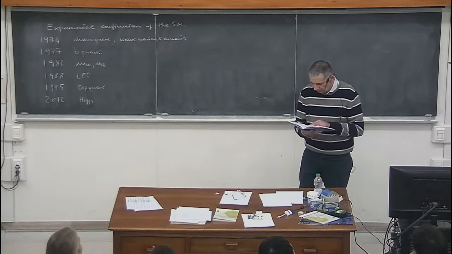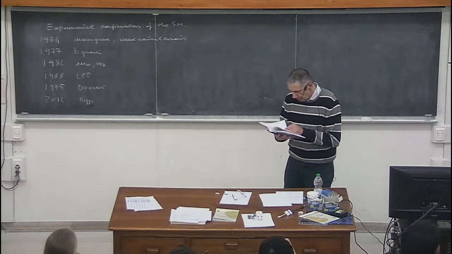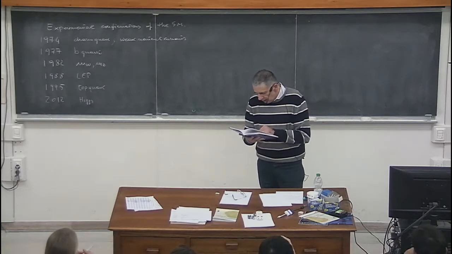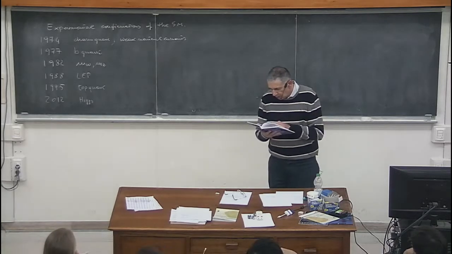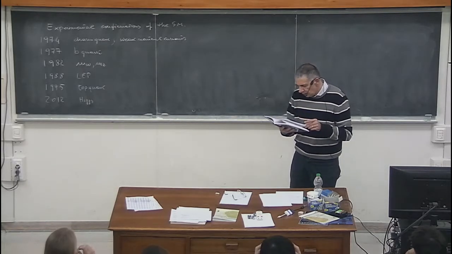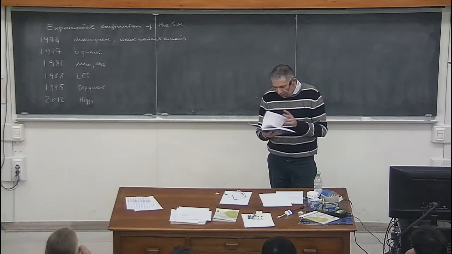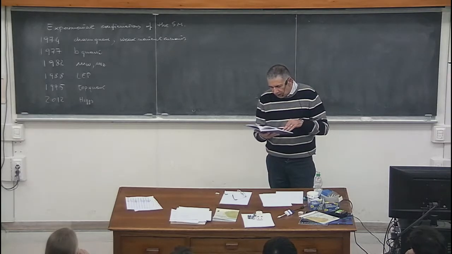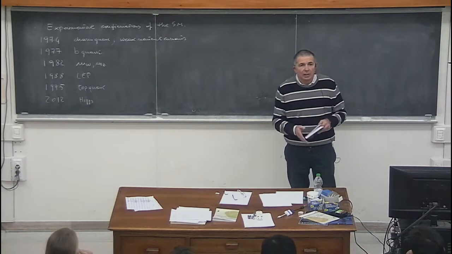So the idea of the experiment which confirmed the existence of the weak neutral current is that you can perform a deep inelastic scattering experiment with neutrino beams. If only charged currents are there, then you expect to have a charged lepton in the final state, which is what happens most of the time.